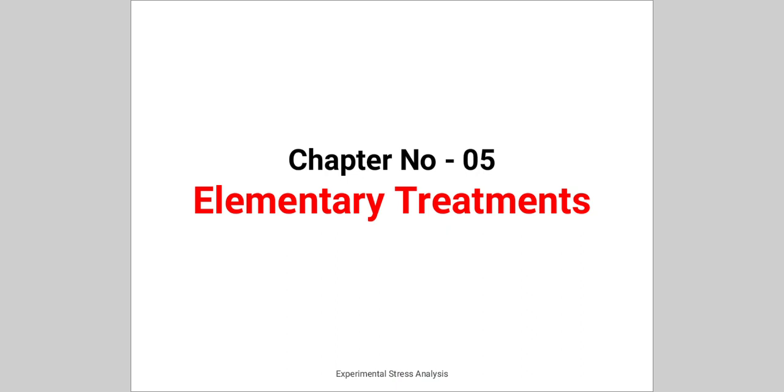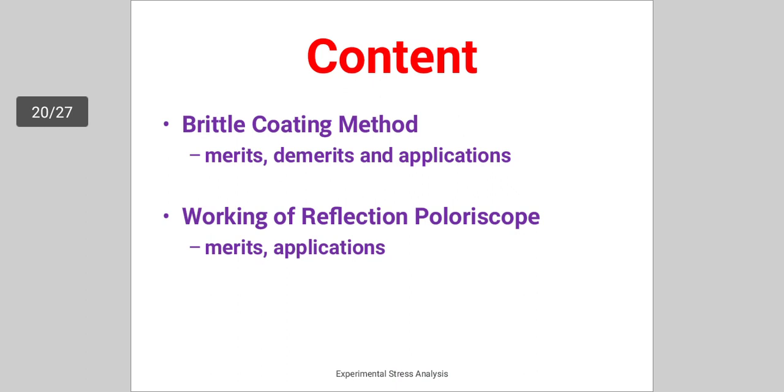In this chapter we are going to discuss the brittle coating method: how it is used for stress analysis, what is the construction of the brittle coating method, what is the working principle, on which principle it works, and how the results are calculated to find out the stress values. After that we'll discuss its advantages, disadvantages, and applications, that is where this brittle coating method is used, maybe in static applications and maybe in dynamic applications.